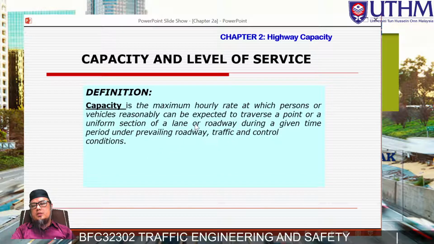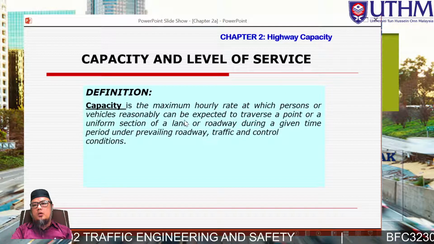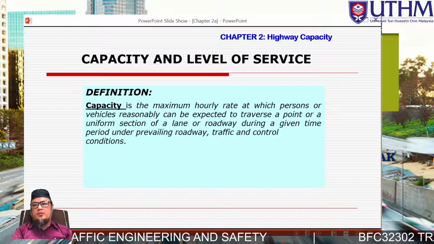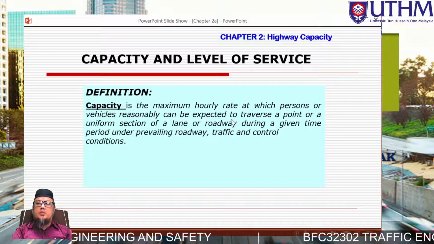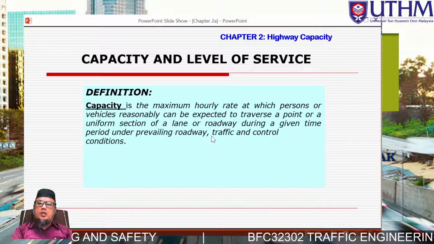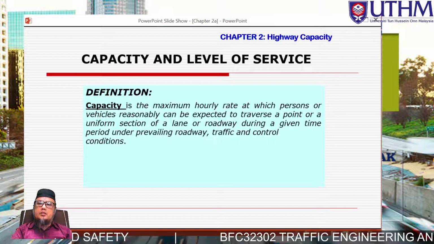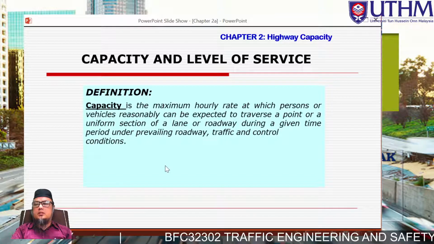The capacity represents how the traffic flow operates at capacity, the maximum hourly rate that can happen on a lane or direction, under normal traffic conditions.